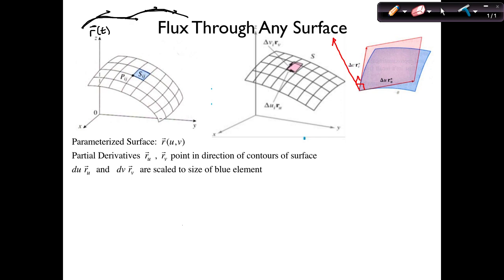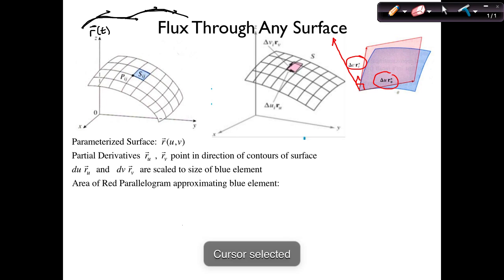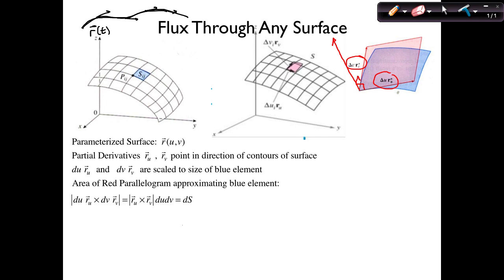So awesome, right? This is in the direction of n. The cross product of those two vectors is orthogonal to the surface, with the magnitude being the area of the surface. That's the area vector. So the du r_u cross dv r_v, its magnitude is what we call dS. dS without the vector is just the area.